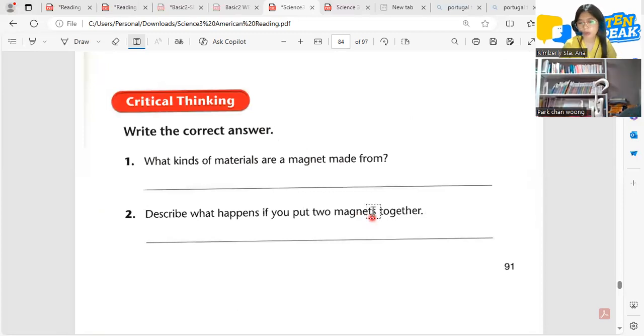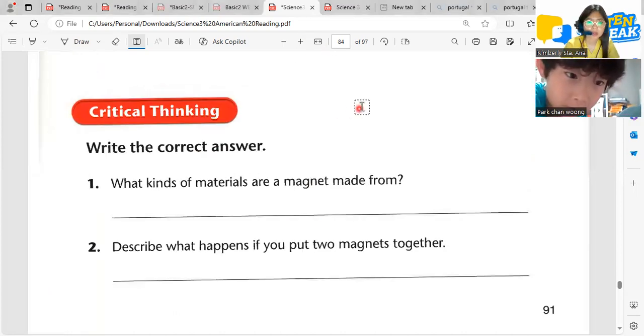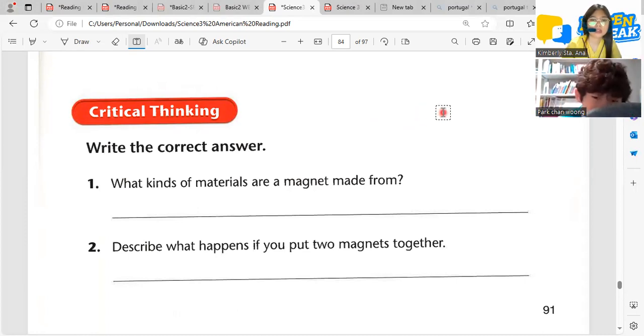So before we play our game for tonight, I want you to construct your own meaningful sentence as you answer these two questions. What kinds of materials are magnets made from? Magnets are made from N and S. Yes, those are the important poles, but what kind of objects are magnets?